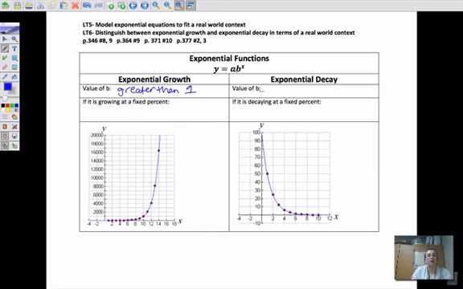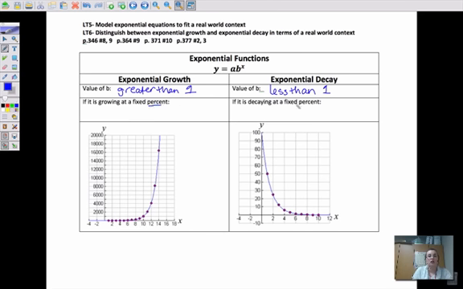If the value of b is less than 1, such as 1/2 or 2/3 or 0.1 or 0.6, then the number is going to get smaller each time, so that's why it's going to be decay.